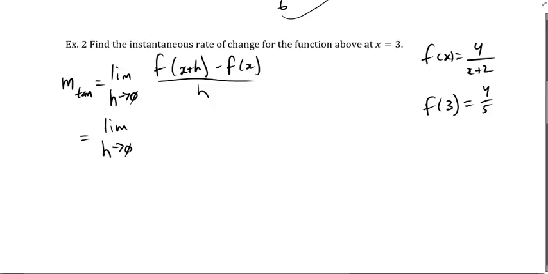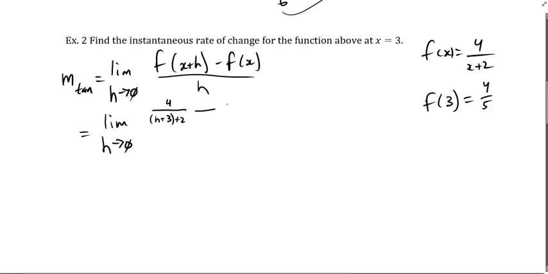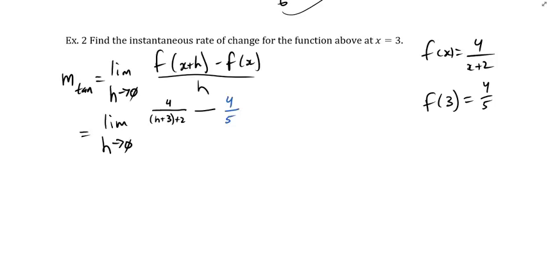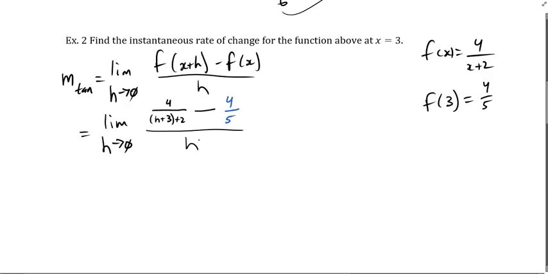Okay, so now I sub into f at x. So 4 over h plus 3, 3 is my x, right? Plus 2, minus 4 over 5, over h.